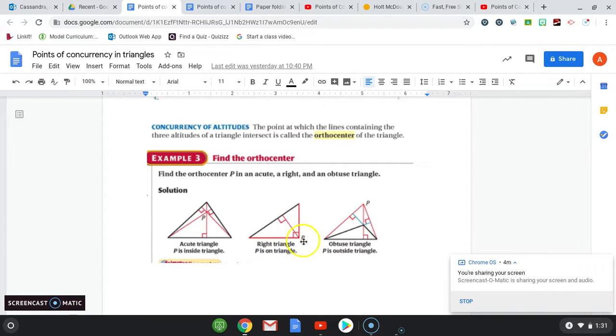The other altitude goes from the vertex of the right angle and forms a right angle with the opposite side. So all of the altitudes will actually meet at the vertex of the right angle on the triangle. And then if you have an obtuse triangle, some of the heights are outside of the triangle. So the point of concurrency, you'll see letter P, actually is outside of the triangle.